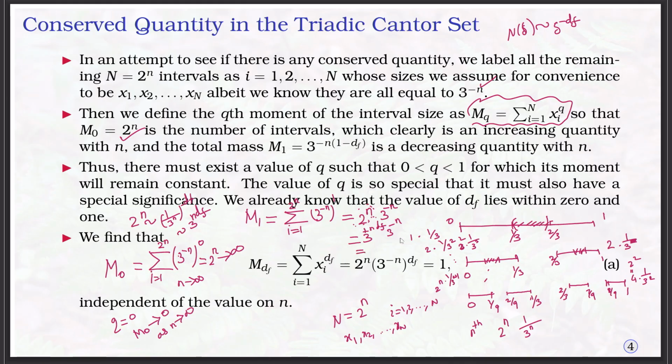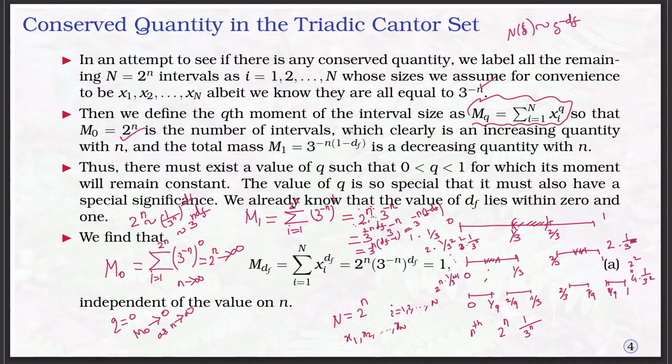So which is equal to, if you take 3 power n out, then one gets df minus 1. So this can conveniently be written as 3 power minus n times 1 minus df, because this Cantor set is embedded in the closed interval 0, 1, therefore we are writing 1 minus df power n.